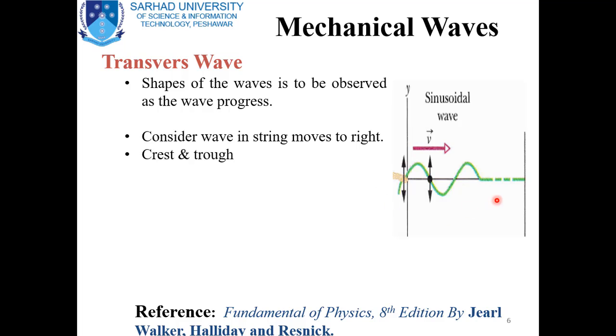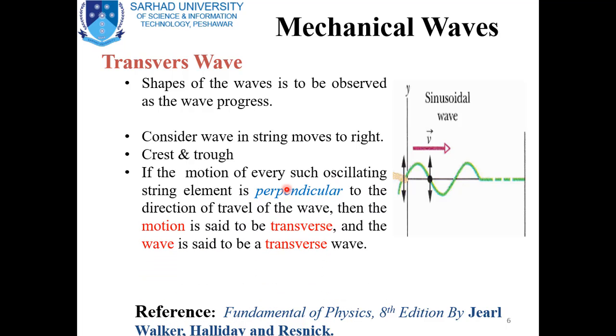So this pattern is known as the transverse wave, and we can define it as: if the motion of every oscillating string element is perpendicular to the direction of the wave traveling, then the motion is said to be transverse and the wave is said to be a transverse wave.